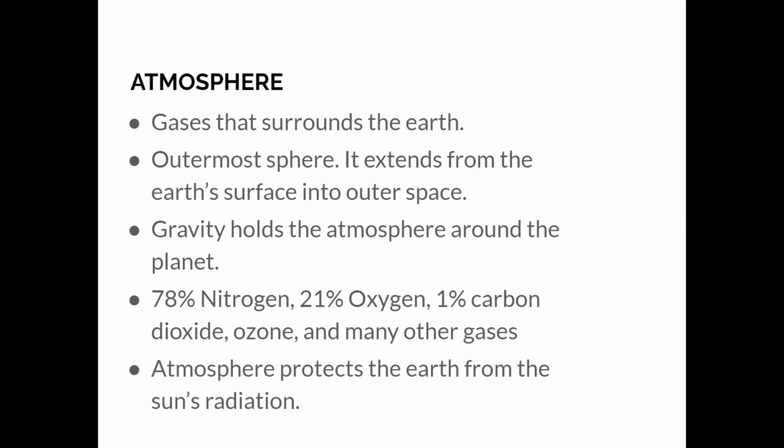So from the surface of the Earth into space, that is our atmosphere. Can anybody tell me what holds the atmosphere around the planet? Gravity. Say it louder. Gravity. Gravity, that's exactly right. Gravity holds the atmosphere around our planet, around Earth.